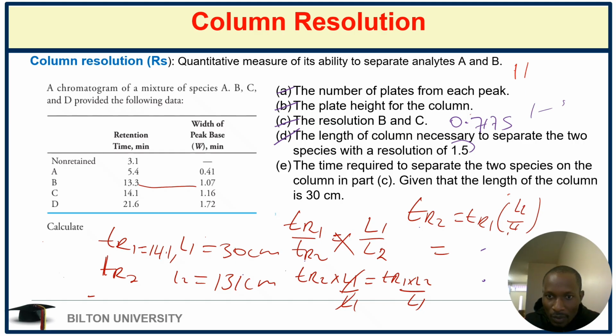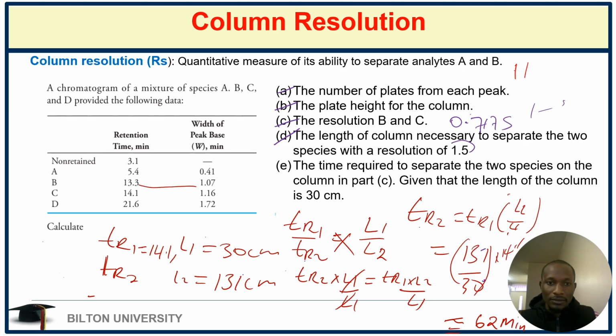So 131 divided by L1, which was 30, and this everything multiplied by TR1, which is 14.1. And if we punch that in the calculator, we have approximately 62 minutes.